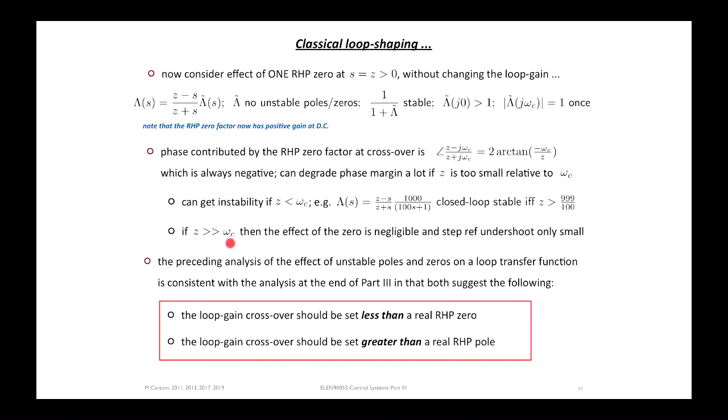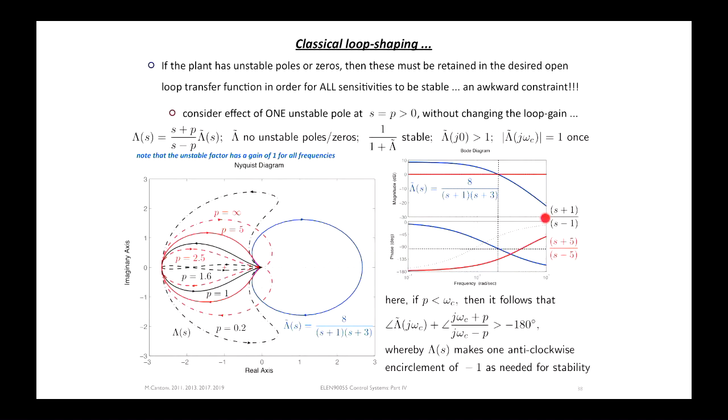So that suggests that you need the crossover frequency to be much less than the frequency associated with the unstable 0 kicking up in the magnitude plot, okay, which is consistent with what we saw before, that the loop gain crossover frequency should be less than the real part of a right half plane 0, right? You need to have low gain in your open loop transfer function at frequencies where you have a right half plane 0.